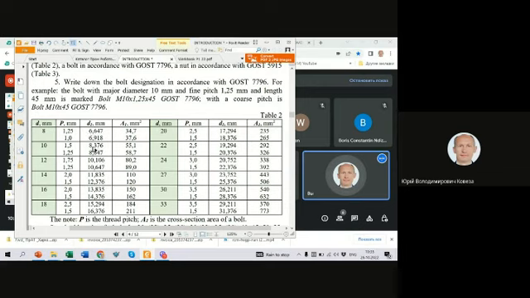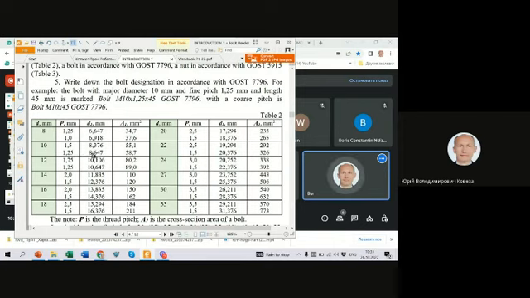And your task, find the nearest, closest D1 standard, which is greater than your calculated, and write what D and pitch for such variant should be.